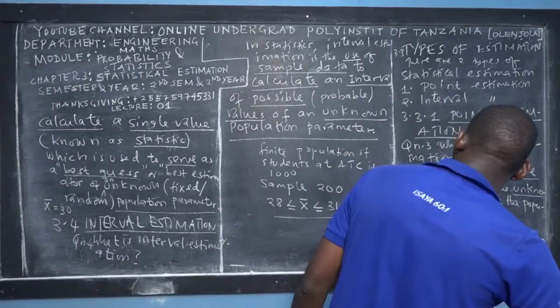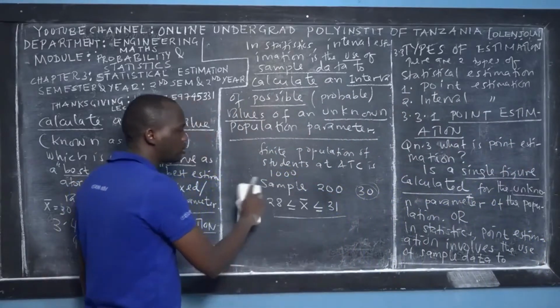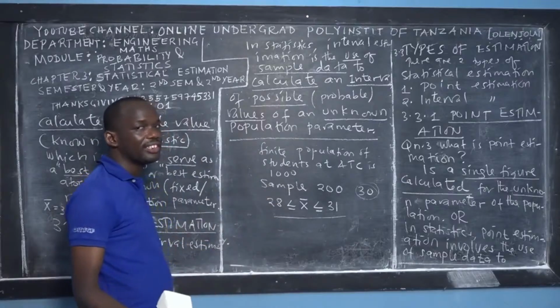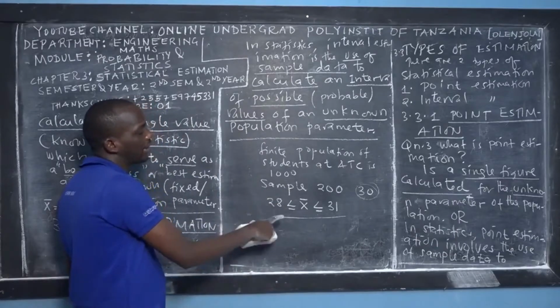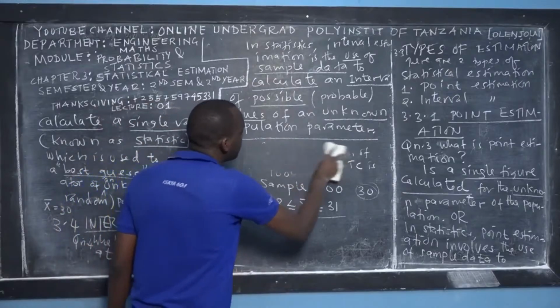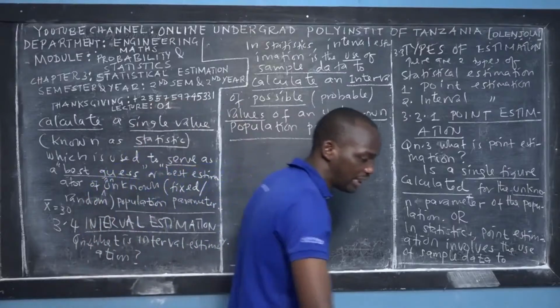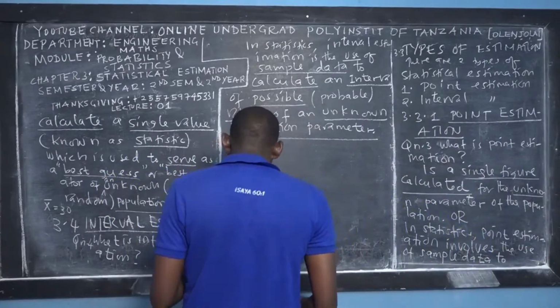So I want to keep on defining some terminologies. If you want to write what I've written there, please pause the video and then copy. In case you find I'm going too fast, please pause and repeat the video several times as you can.